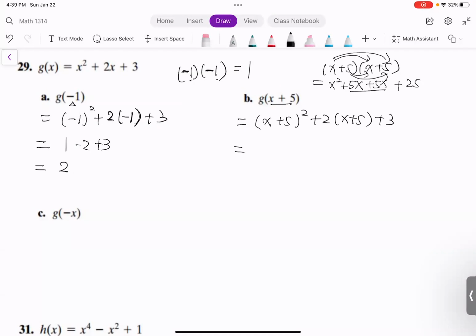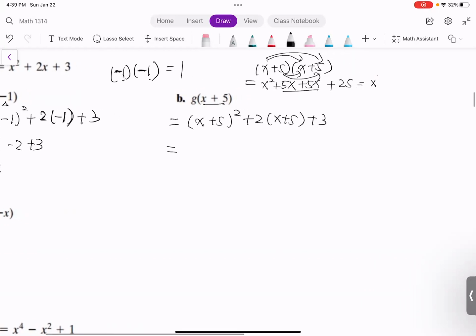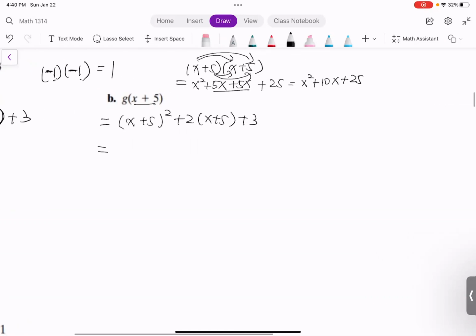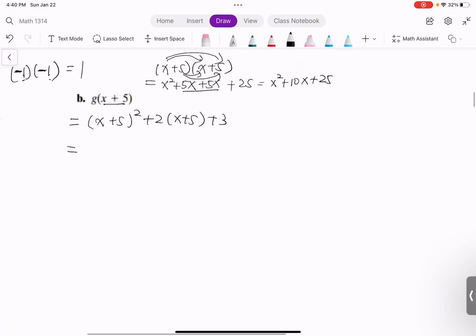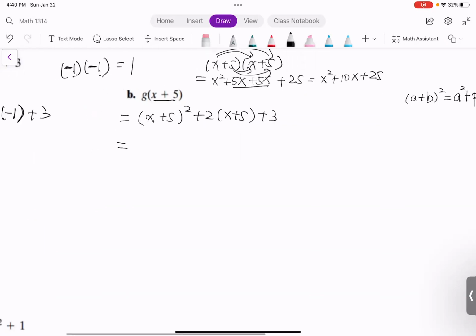And combine like terms. That is x squared plus 10x plus 25. You can also use the perfect square formula, which is, if I have a plus b squared and expand it, we have a squared plus 2ab plus b squared, and plug in the a and b values.